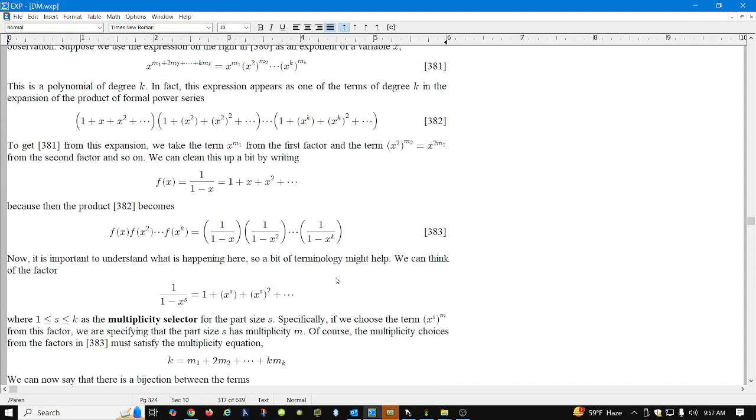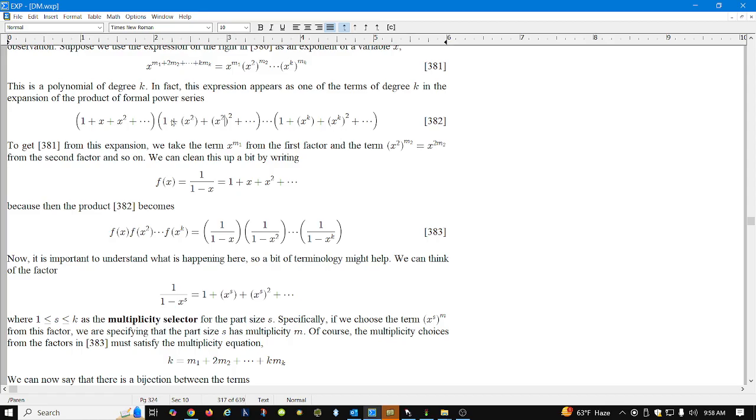Now, it's important to understand what's going on here because, as I've said several times before, this gets confusing. This is not easy stuff. By picking a term from each of these factors and multiplying them together to get a term in the expansion of degree k, what we are doing from each of these factors is picking a multiplicity. We're picking one of the m's.